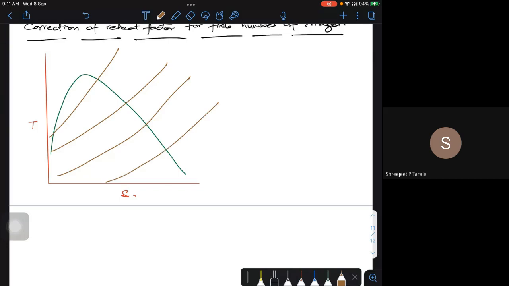Now, if I try to expand the steam from a superheated condition, let me call this condition A, and I want to expand it. If I expand it isentropically, this is what I get. It's a simple straight line. So this is how the expansion takes place.